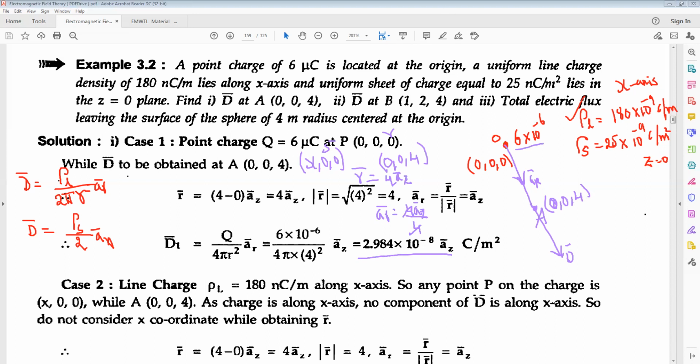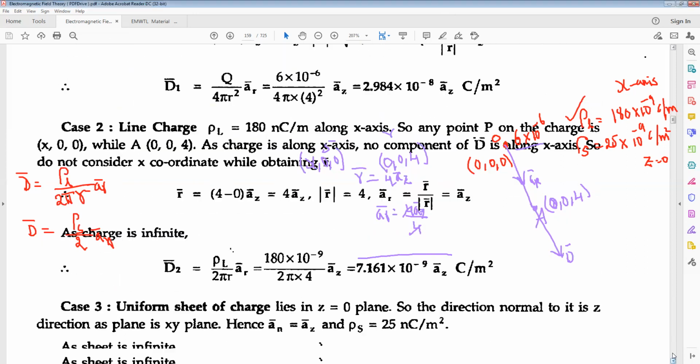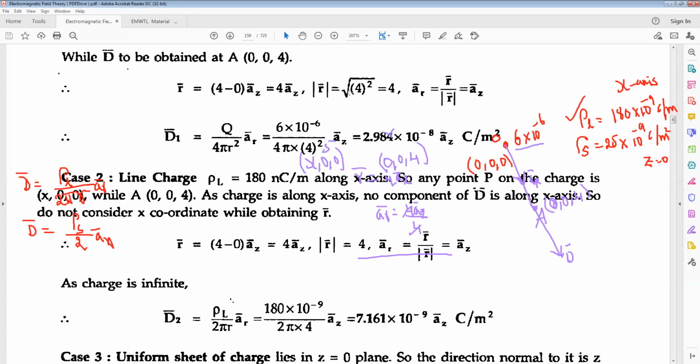Now we can substitute rho L by 2 pi r. Rho L is given as 180 nano, 10 to the power of minus 9, over 2 pi into 4. The r we got is 4 only. Previously, because it is a point charge, we substituted r square. The magnitude of r is the square root of 4 whole square, that is 4 only.